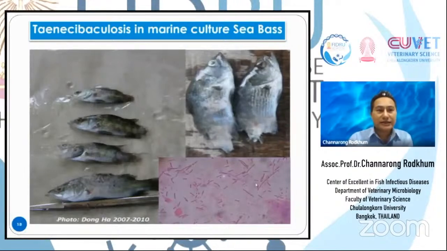The next disease is Tenacibaculosis in marine culture sea bass, caused by Tenacibaculum maritimum. The clinical signs will be similar to Flavobacterium columnare infection or columnaris, but this bacterium infects only marine fish because the bacteria survive only in marine water.